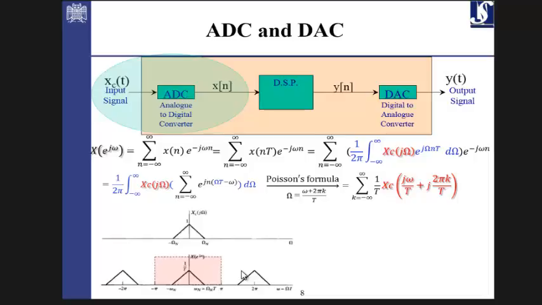So if you want to capture the entire signal, you need to filter whatever is inside a window of minus pi to pi.